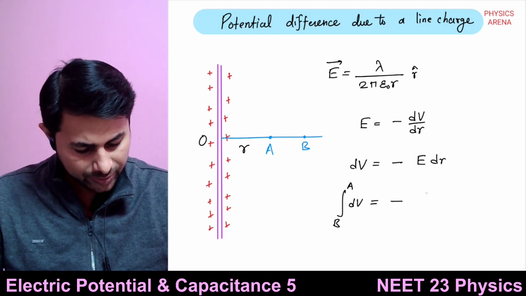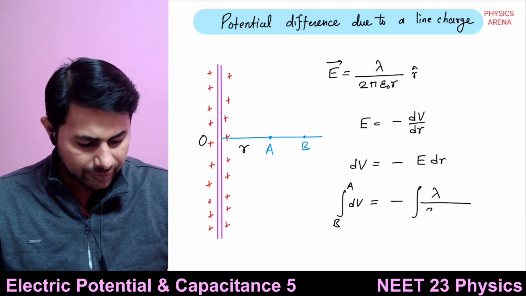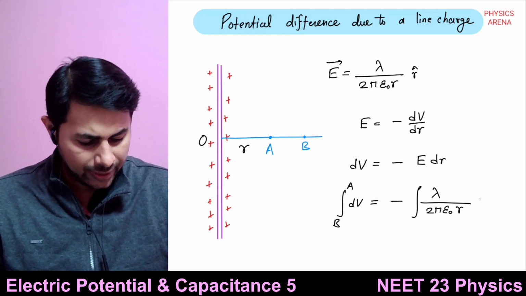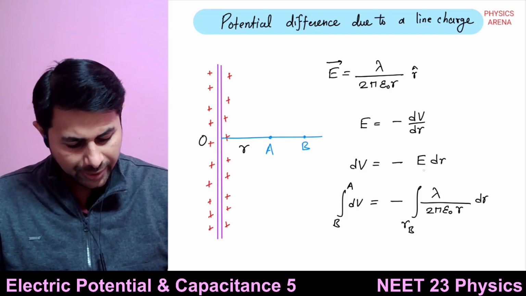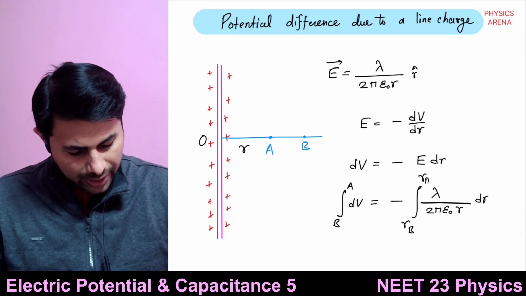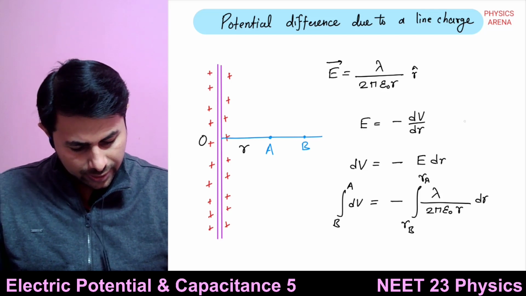It's equal to minus the integral of E, which is lambda divided by 2 pi epsilon naught r, dr from r of point B to r at point A. Okay, right?